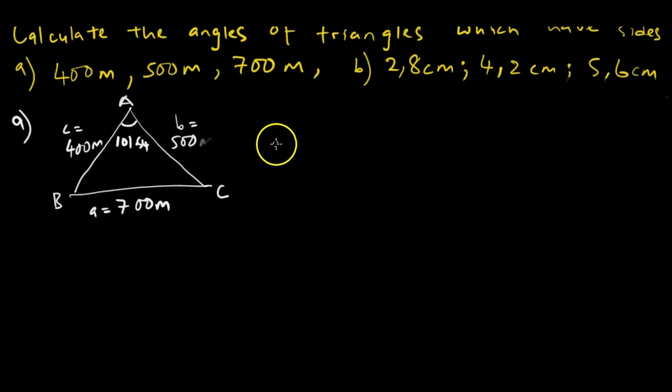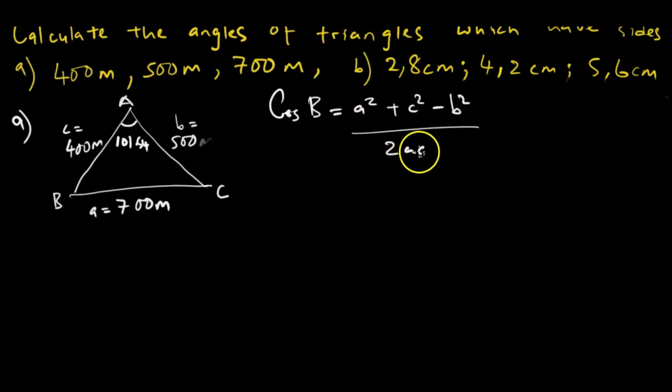Okay, let us find B. B is not difficult to find. cos B is equal to a squared plus c squared minus b squared over 2ac. So the cos of B is equal to, what is a squared?